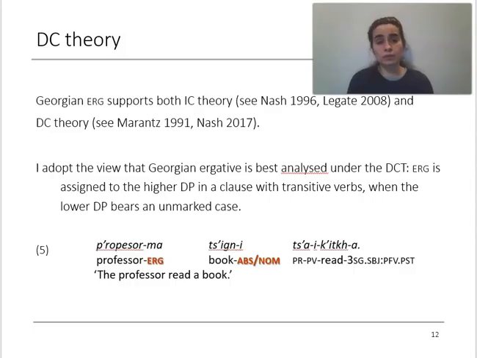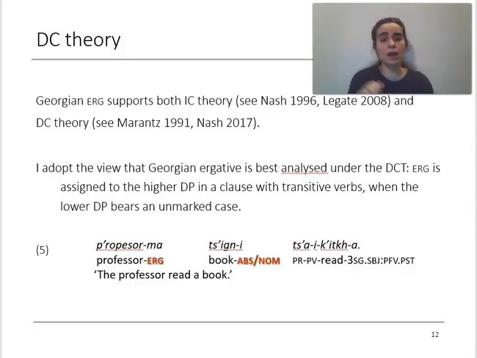There are papers which indicate that Georgian ergative is inherent case, and there are papers which indicate that Georgian ergative is a dependent case. I agree with those who say that Georgian ergative is best analyzed under the dependent case theory, and this is in line with what has been proposed by Marantz and what has been analyzed in detail by Nash. Then the lower DP bears an unmarked case.